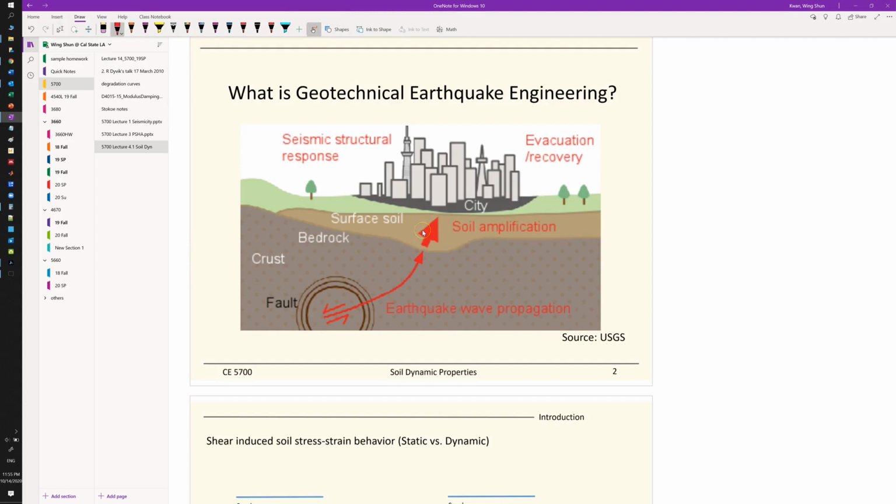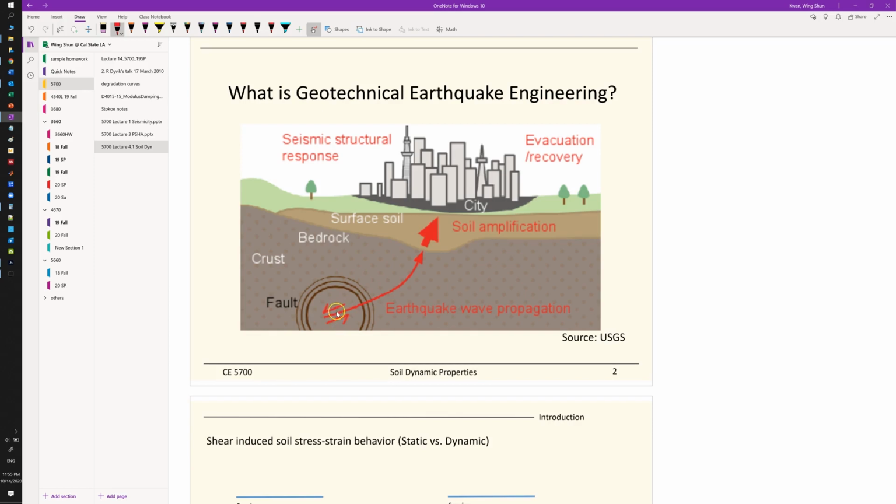We mentioned that this class tries to follow the path of the earthquake. In lecture 1, we talked about it from the seismology standpoint.